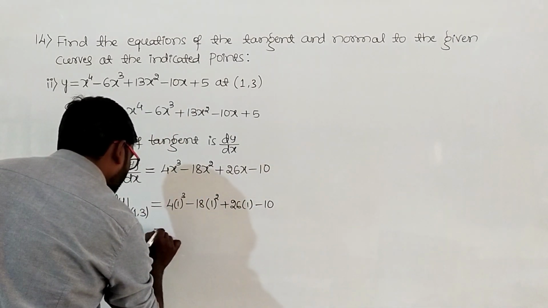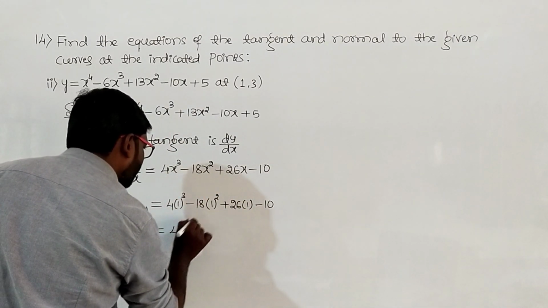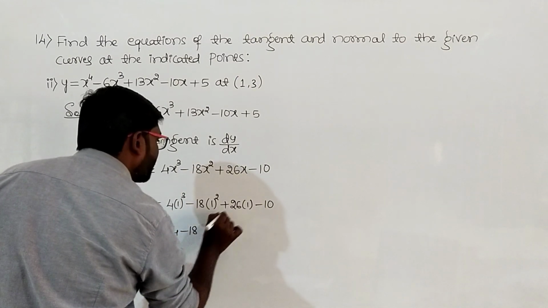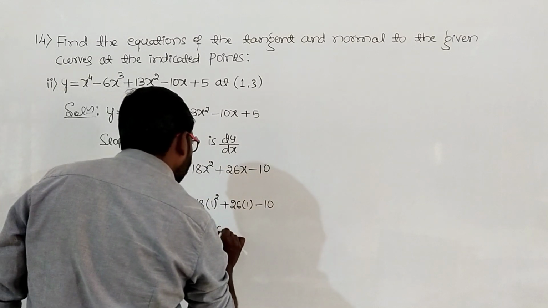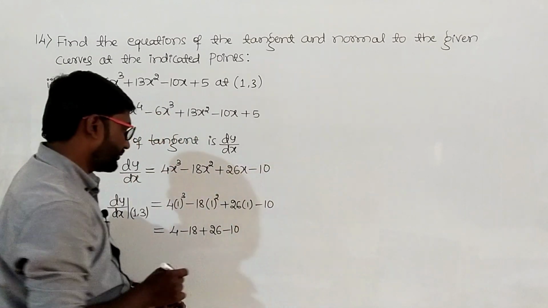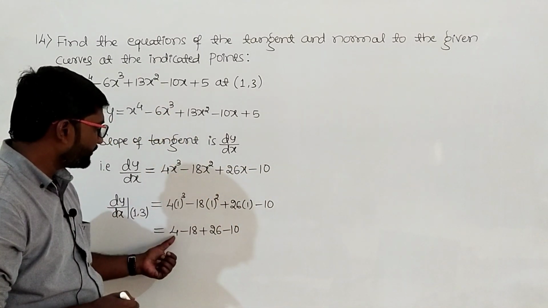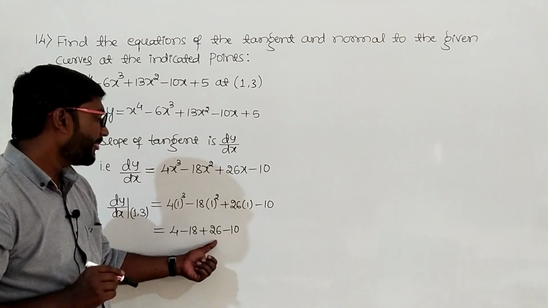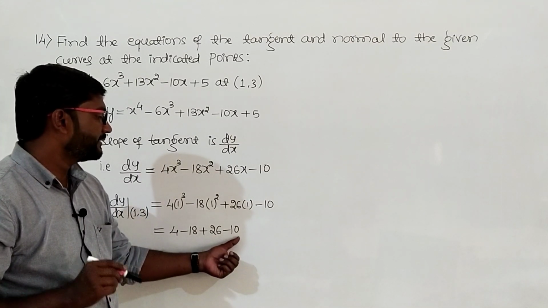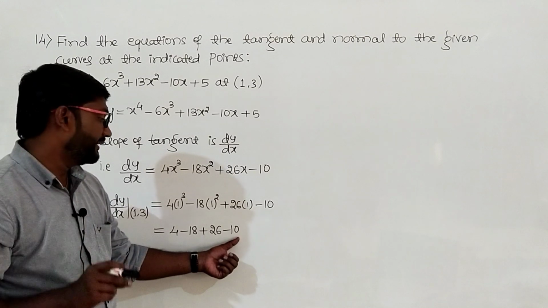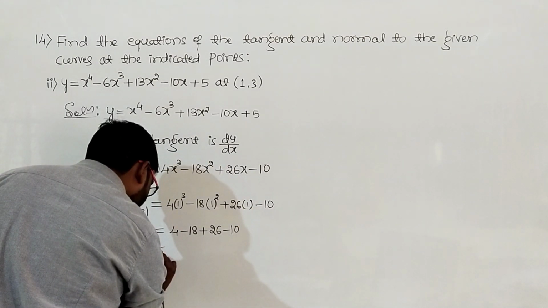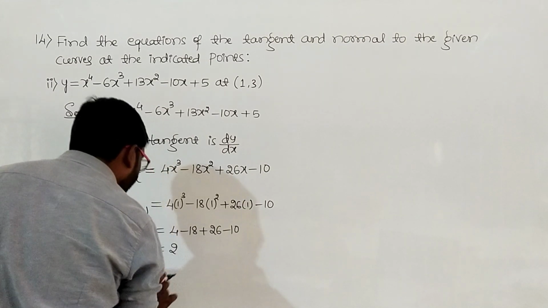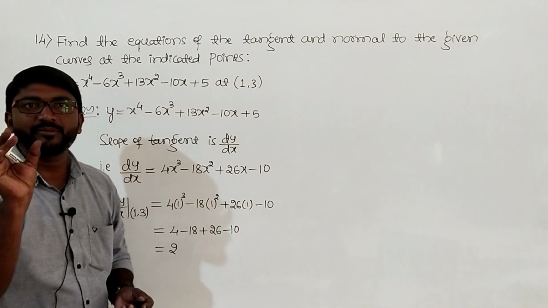Which is 4 into 1 cube, that is 4, then minus 18, plus 26, and minus 10. Now 4 plus 26 is 30, 30 minus 10 is 20, and 20 minus 18 is 2. So for the second problem, the slope of the tangent is 2.